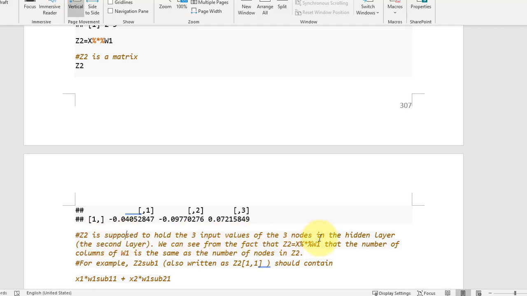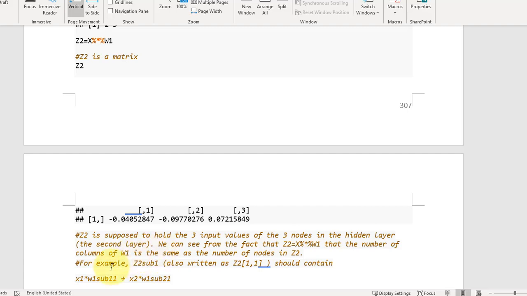Of course, it could be more. We said we could change the number of nodes. We can see from the fact that Z2 equals this that the number of columns of W1 is also the same as the number of nodes in Z2.